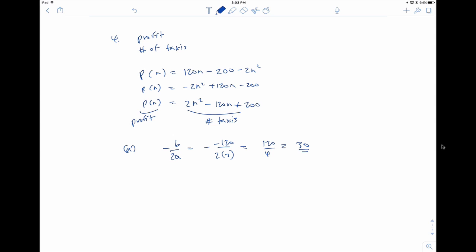It's probably going to ask us what that profit is, and it does. That's B. So let's go back to the original formula, P for 30.